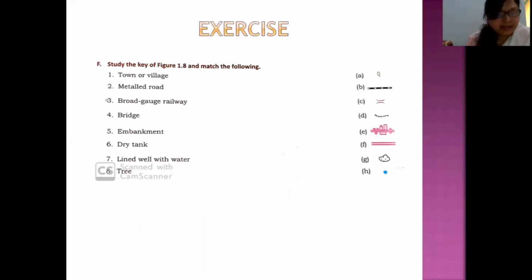Next exercise is, study the key of the figure and match the following.